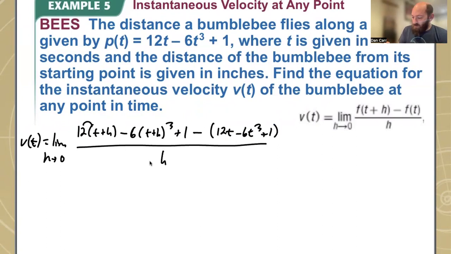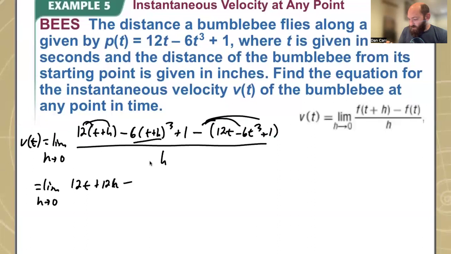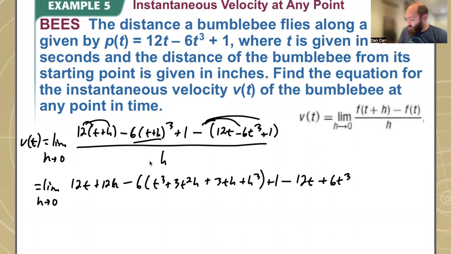We're looking at distributing the 12, expanding this out and distributing the 6, as well as distributing the negative sign. This is the limit as h approaches 0 of 12t plus 12h minus 6 times t cubed plus 3t squared h plus 3th squared plus h cubed, then minus 12t plus 6t cubed minus 1, all over h.